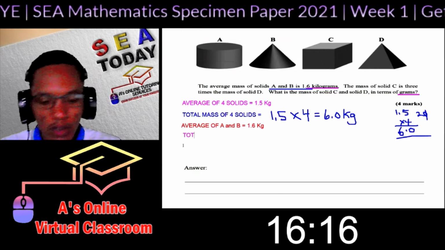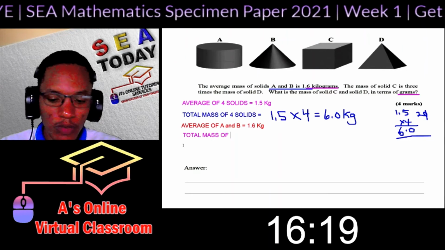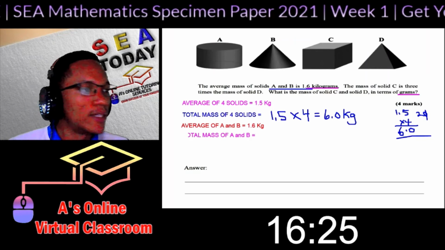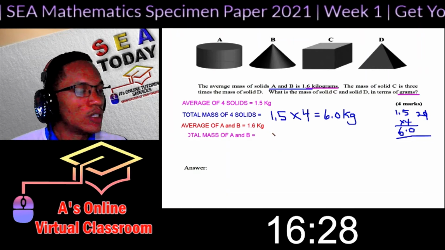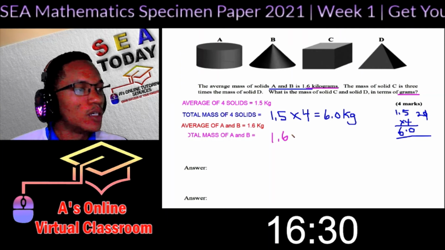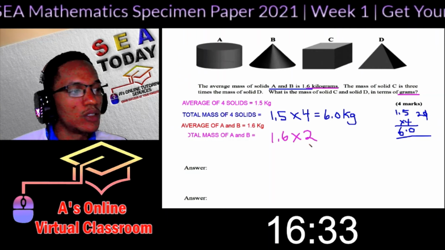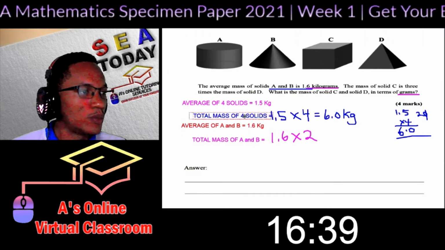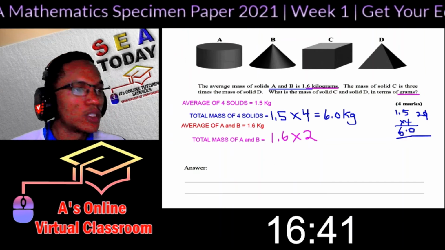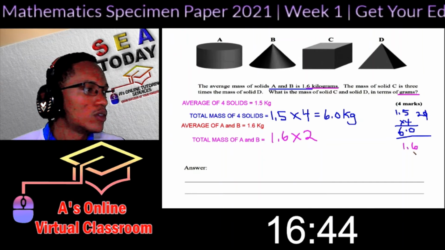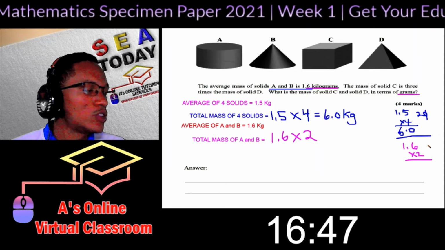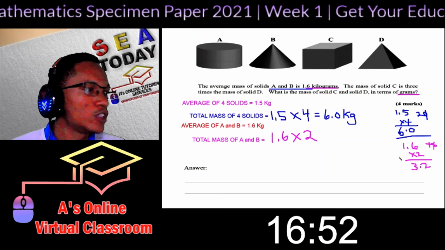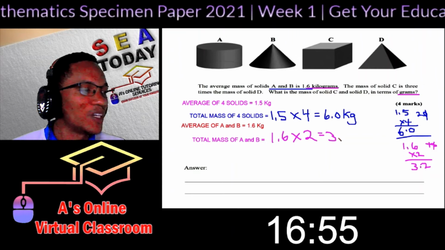So the total mass of A and B equals the average, 1.6, multiplied by the amount of things you would have added. Let's make sure we have these lined up properly. So 1.6 times 2. 6 2s are 12. 2 1s are 2, plus 1 is 3. So we get 3.2. So we're getting closer.